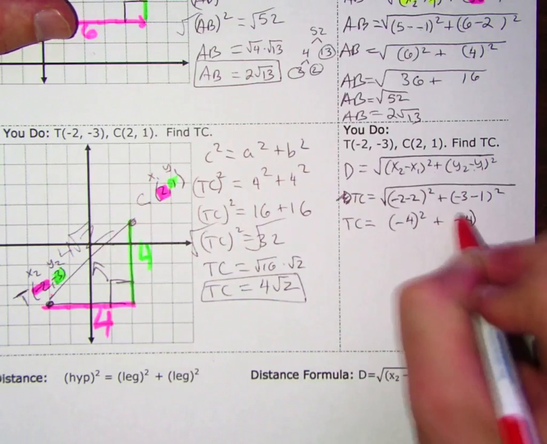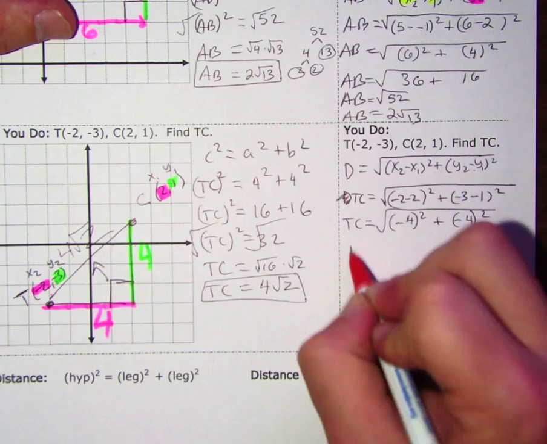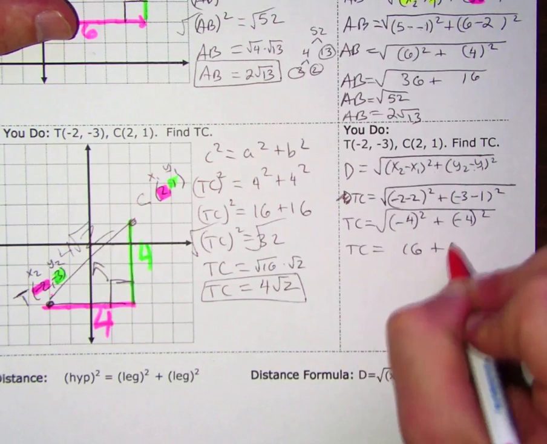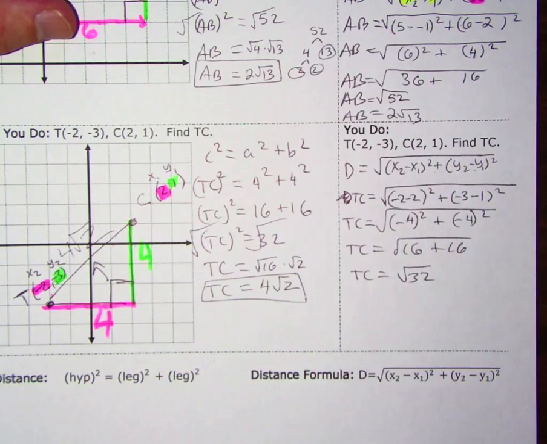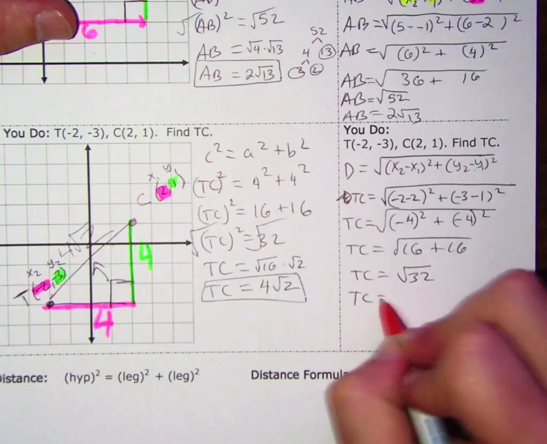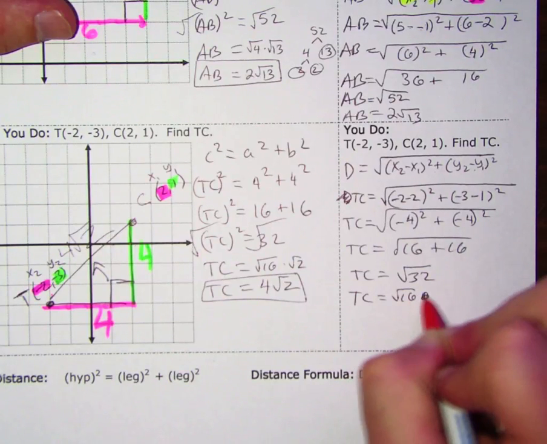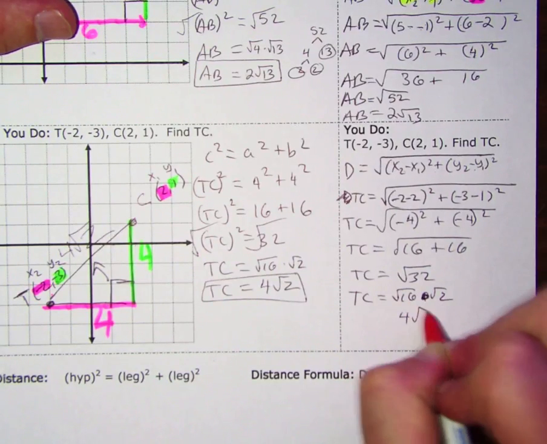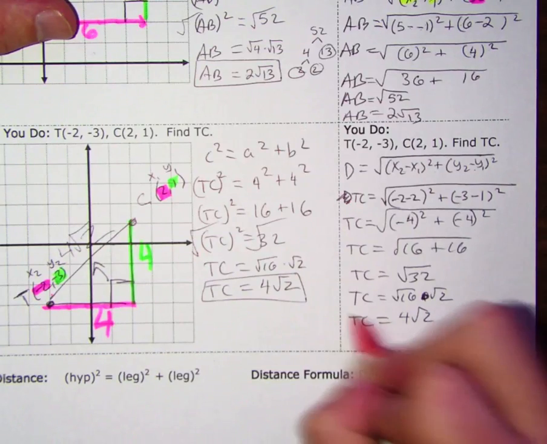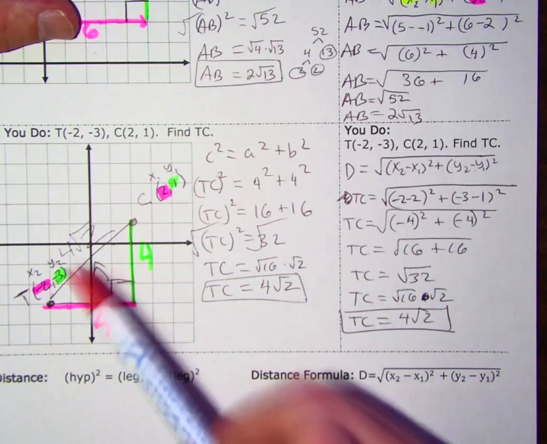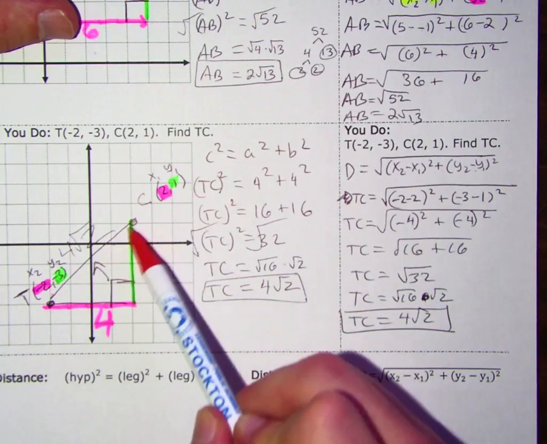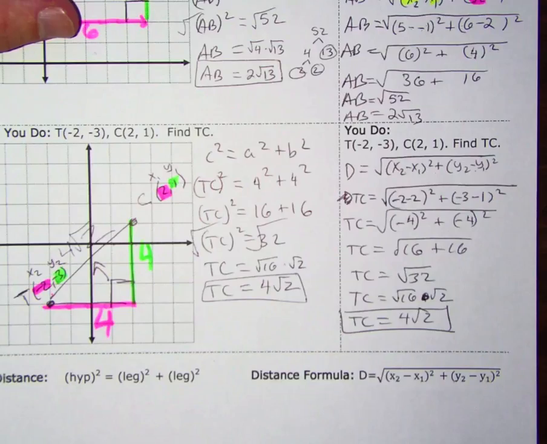This is going to give you negative 4 squared. That's 16 plus 16, or square root of 32. And you're back to where you were before. And we get the same thing. The formula, when is it better? Rational numbers, they're not nice integers, or if these are really far apart.